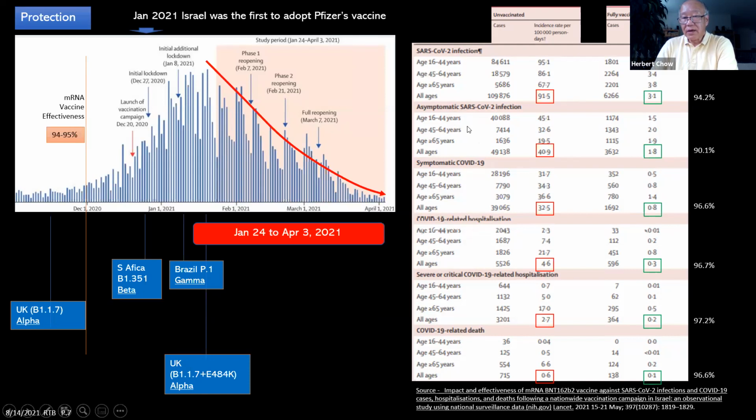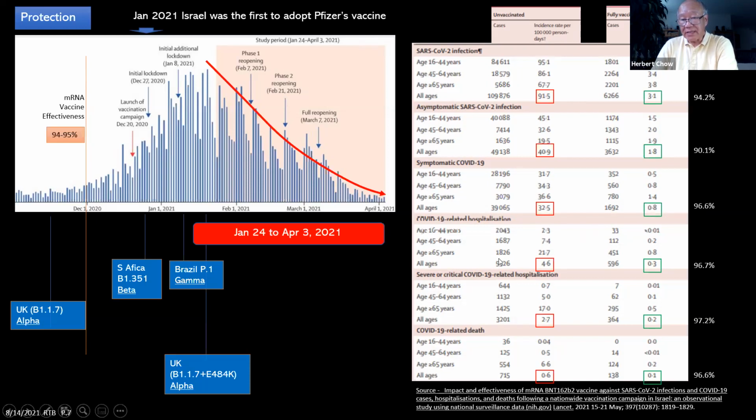And we see that the effectiveness of the vaccine there is 90%. How about controlling symptomatic infections? In the unvaccinated group there are 32, and in the vaccinated group it's 0.8. So it's even better, 96%.